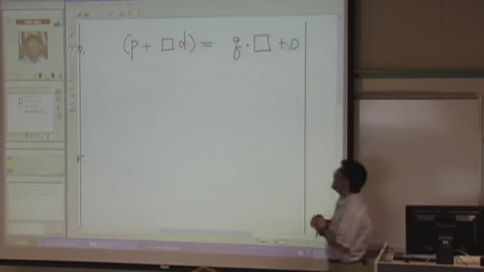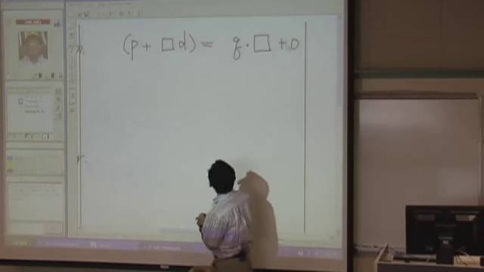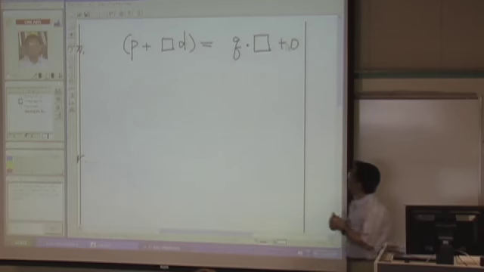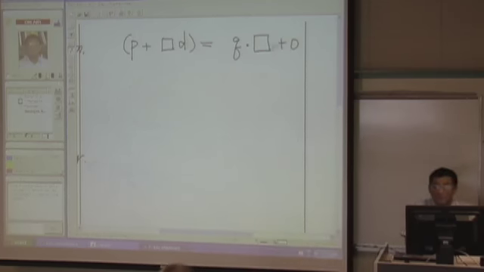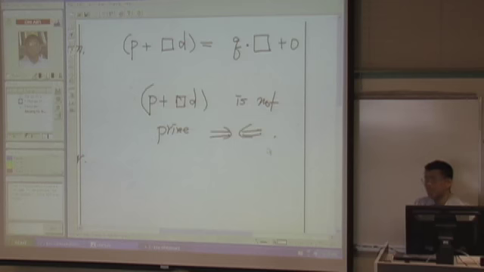And as you can see, q is not greater than those things. So what does this say? It says p plus this number d is not prime. Contradiction. So we finished the proof.